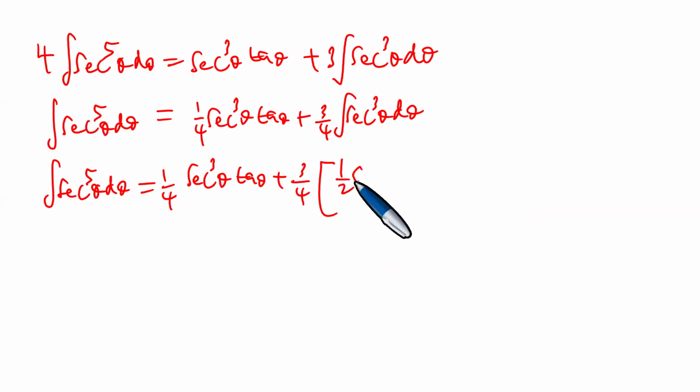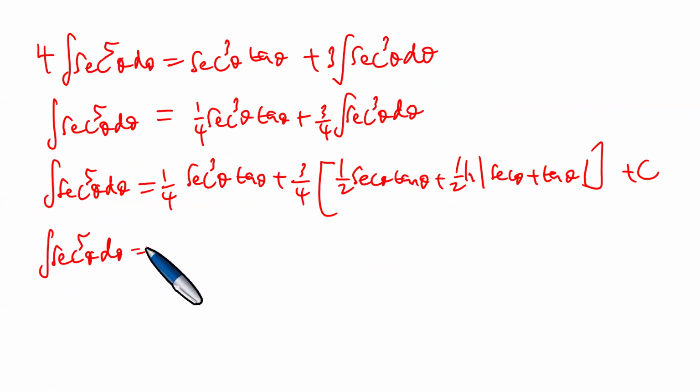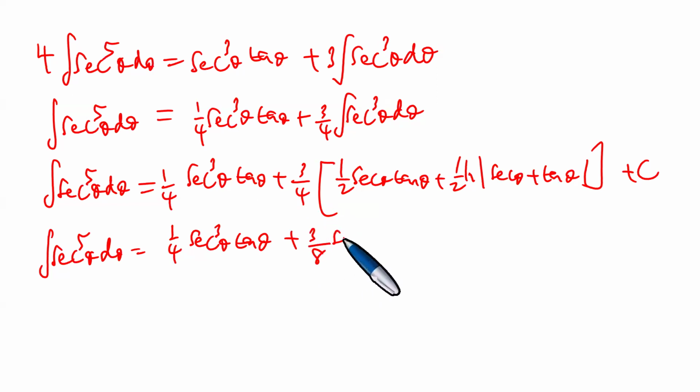So this is 1/2 the secant of theta, the tangent of theta, plus 1/2 the natural log of the secant of theta plus the tangent of theta, like this. Okay, and then you add c, the arbitrary constant of integration, so that this one is the secant cubed theta tan theta plus 3 out of 8 the secant theta tan theta.